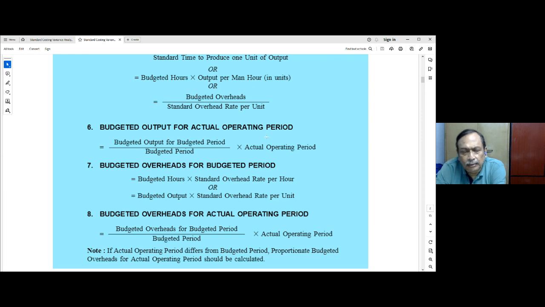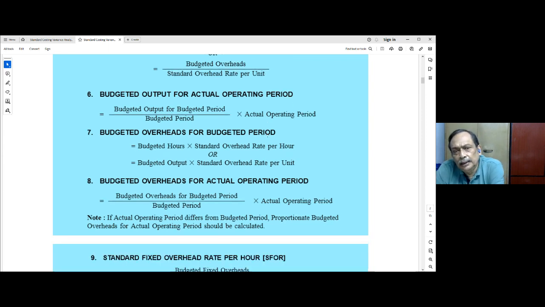Then we switch over to item number 7. Budgeted overheads for budgeted period, we can calculate as budgeted hours into standard overhead rate per hour, or budgeted output into standard overhead rate per unit. For your information, we may calculate standard overhead rate per hour and standard overhead rate per unit also, depending upon the questions that will be given to us.